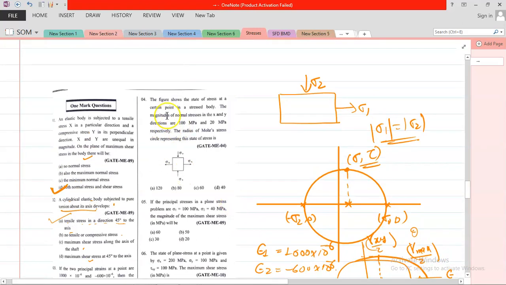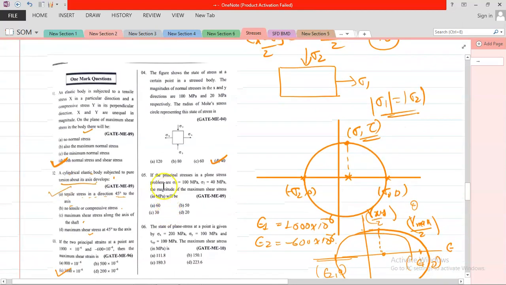Now the next question is, the figure shows the state of stress at a certain point in the body, the magnitudes are given, you need to find the radius of the Mohr circle. So the radius of the Mohr circle, I just explained it, is sigma x minus sigma y by 2. So what is given? 100 minus 20 divided by 2, that is 80 divided by 2, that is 40. So your option is 40.